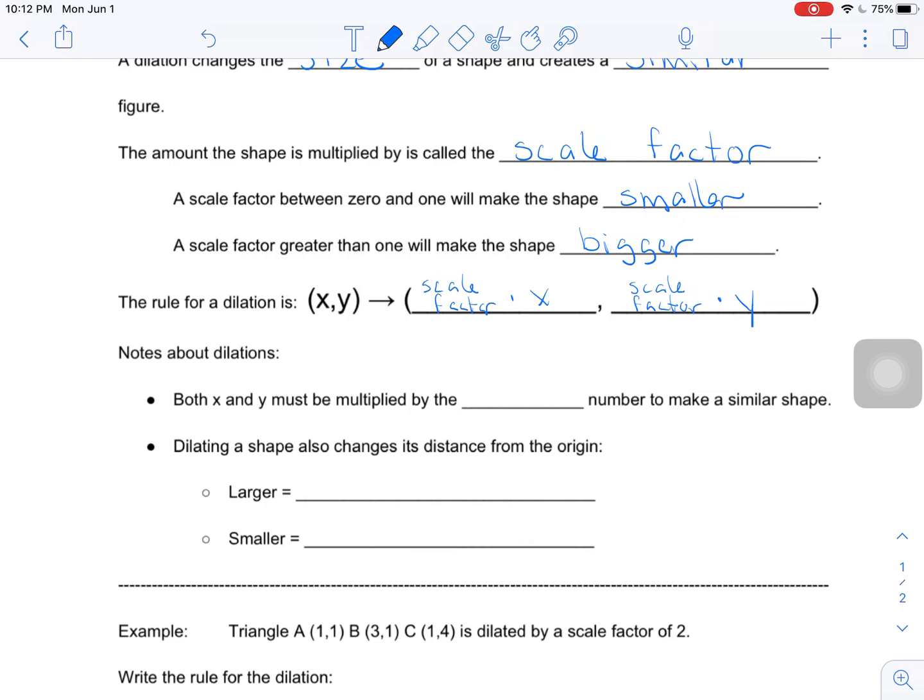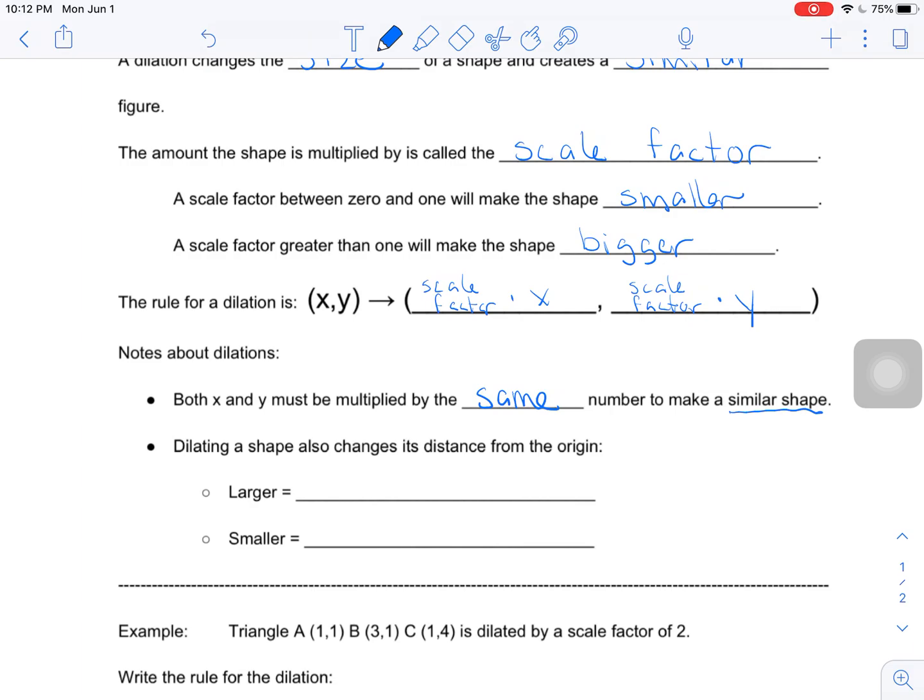Most of you figured out that the ones that distorted the square were the ones that weren't multiplying x and y by the same number. That raises a really important point about dilations. X and y have to be multiplied by the same number in order to make a correct dilation, or a similar shape. If you're not multiplying by the same number, you're going to distort your shape.